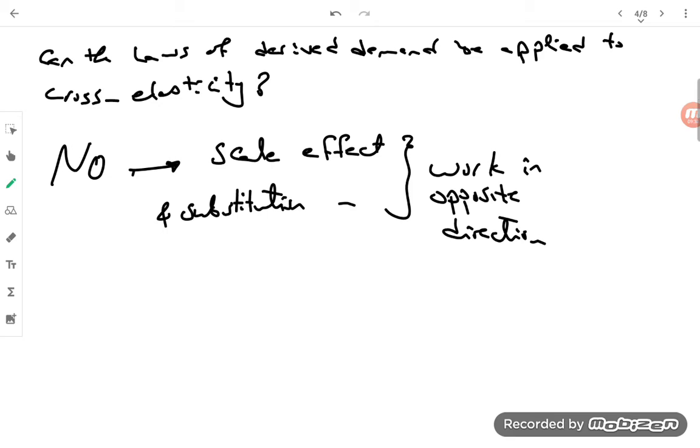Now let's move to the last part of this chapter, which is effects of minimum wage laws.